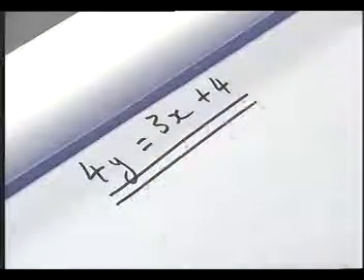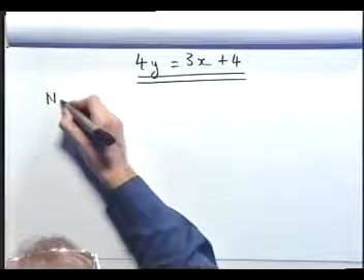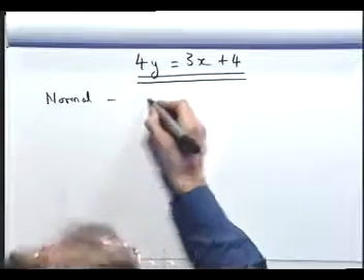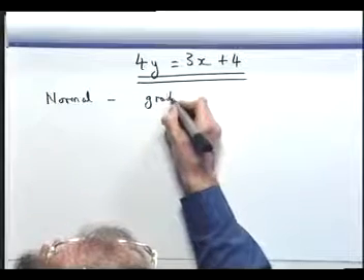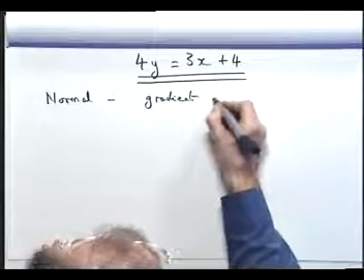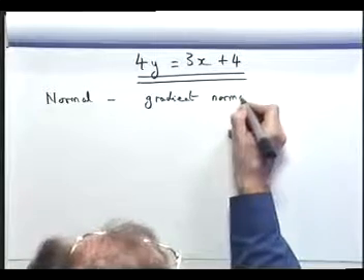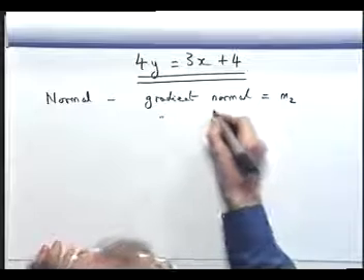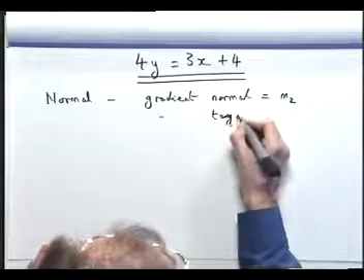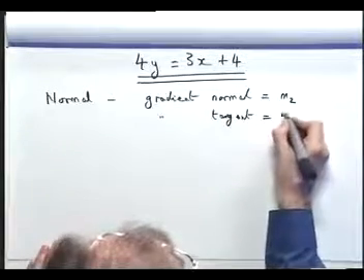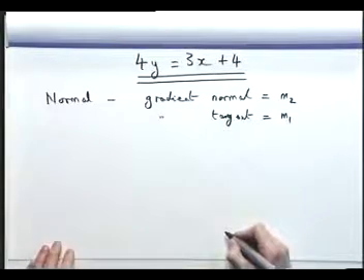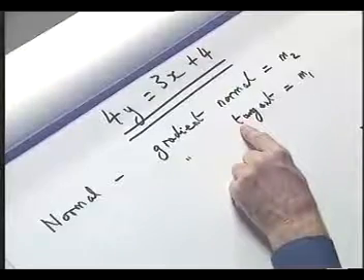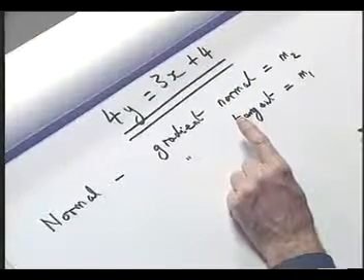And now we need to find the equation of the normal to the curve. Let's say that the gradient of the normal is m2 and that the gradient of the tangent is m1. And let's recall that normal and tangent are perpendicular.